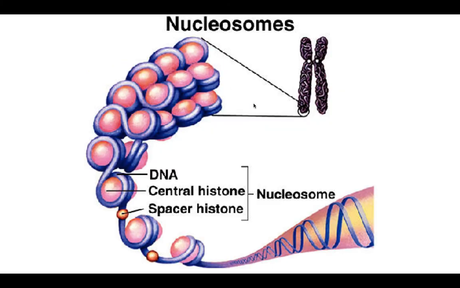Looking at that here, what we can see is here's our DNA double helix, and then it's getting smaller and smaller and smaller as we get farther back and look at it in context.